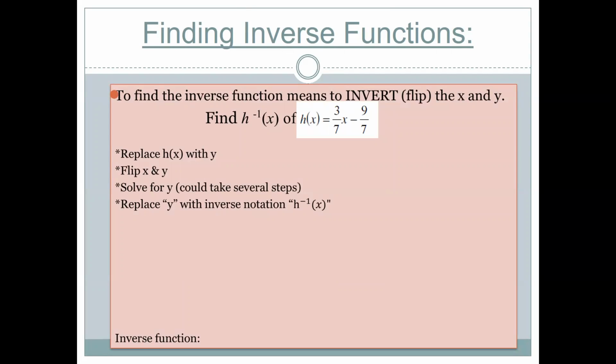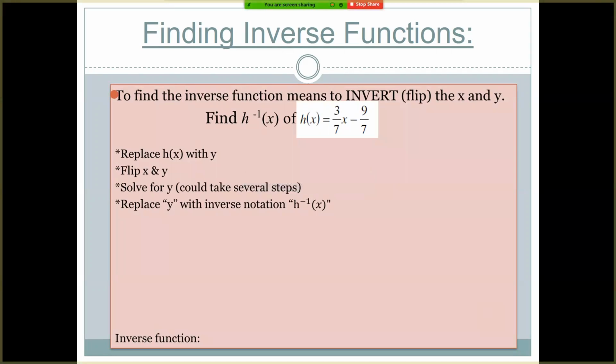And the last one, here we have h of x, and we're trying to find h inverse of x. First step, always take that function notation out and replace it with y. So y equals 3/7 x minus 9/7. Once you get here, there's a couple different things you could do.